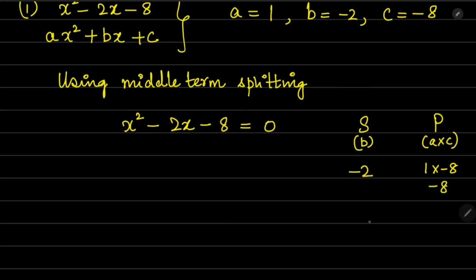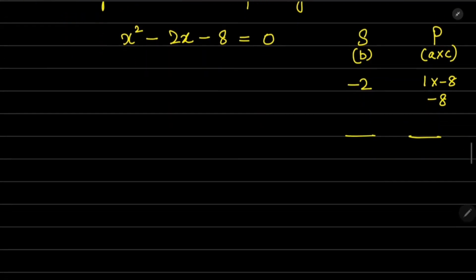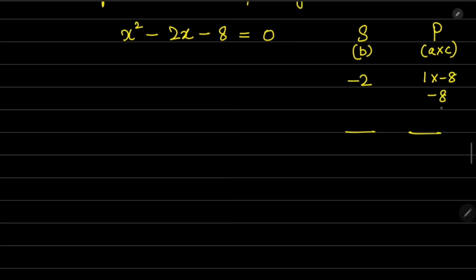Now you have to find two numbers whose sum is minus 2 and whose product is minus 8. What are the two numbers? How will you find it out? Do the prime factorization of 8. So you see 2 4s are 8, again 2 2s are 4. See multiple combinations: 4 2s are 8.